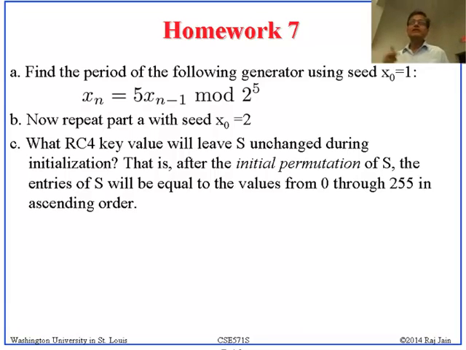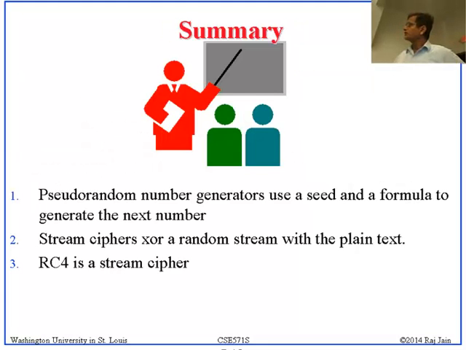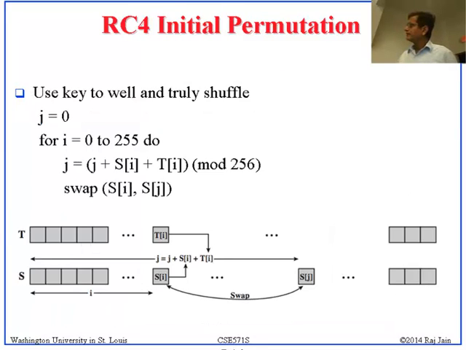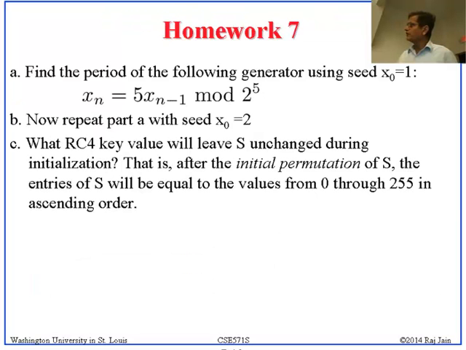So basically every alternate value maybe brings it back to the same position, something like that. Okay? Is the problem clear? It is just for the initial permutation, not about the encryption part.